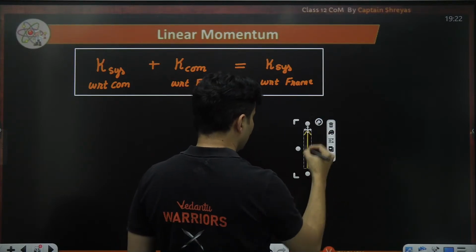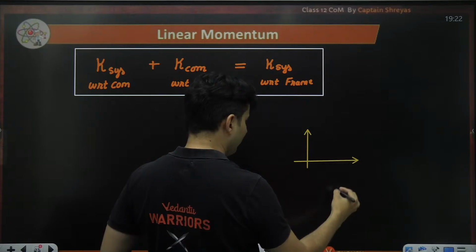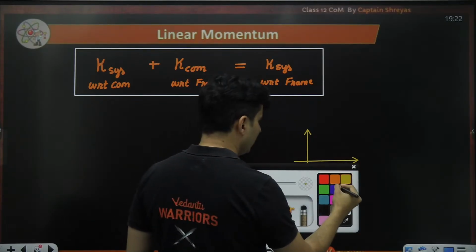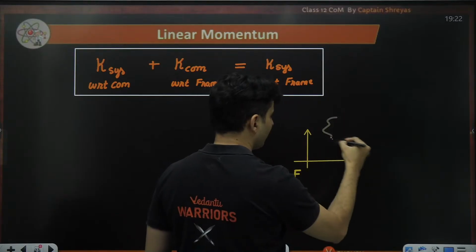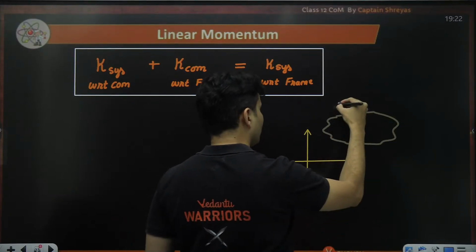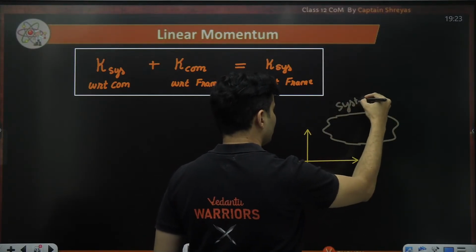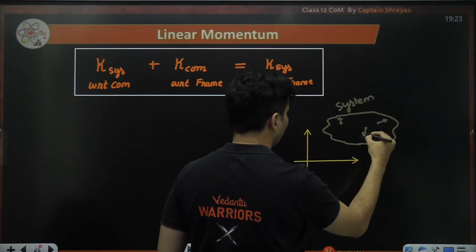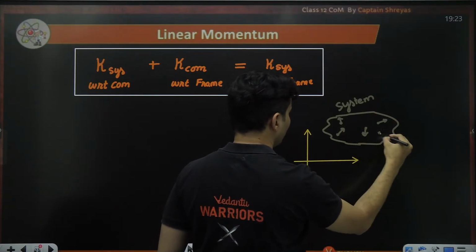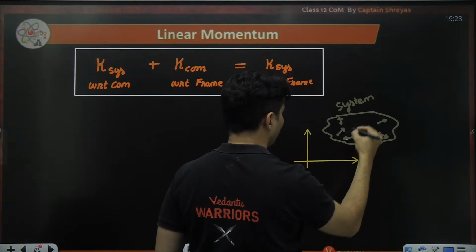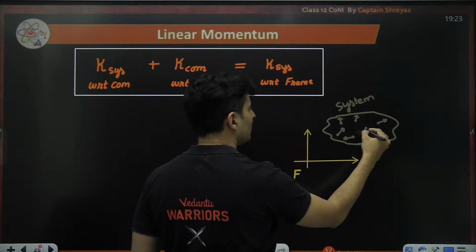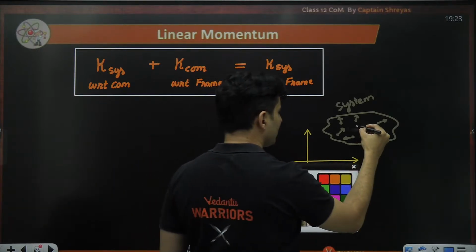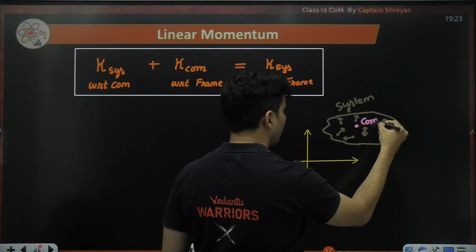Somebody decides this is our frame F, and maybe there is a system. This is my system. Particles, they all are moving here and there. This is your system, and their center of mass is going to be over here.